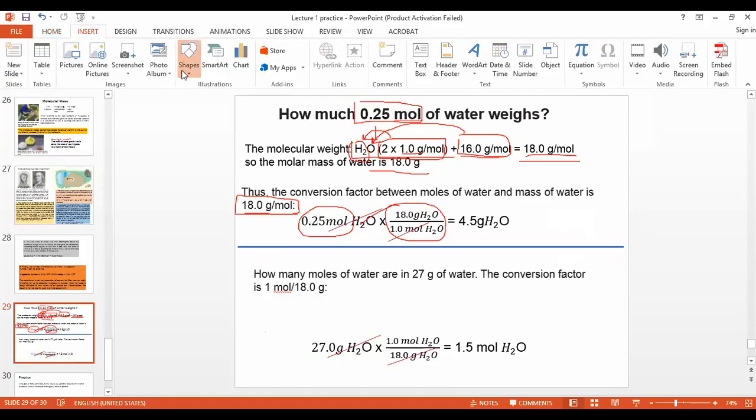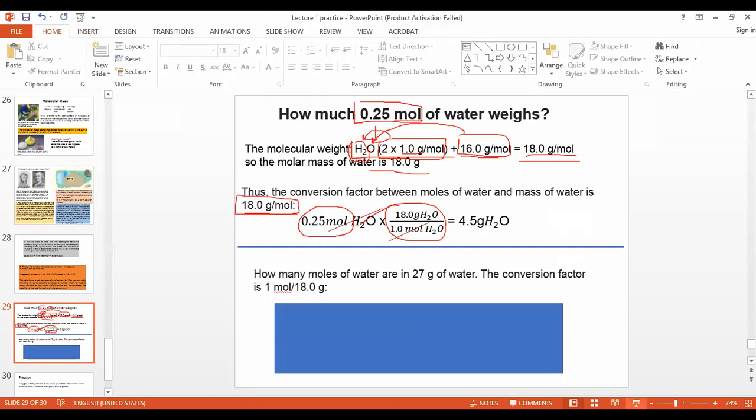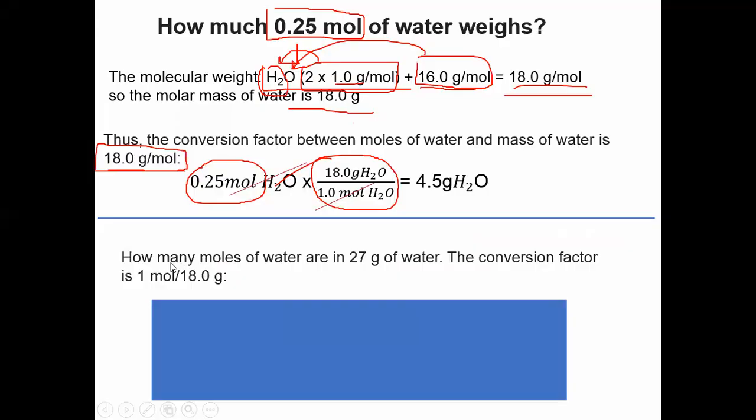Now let's see what's going to be the next one. How many moles of water are in 25 grams of water? So the conversion factor is 1 mole over 18 grams. This is basically the molar mass of water. We know that it's 18 grams per mole, right?